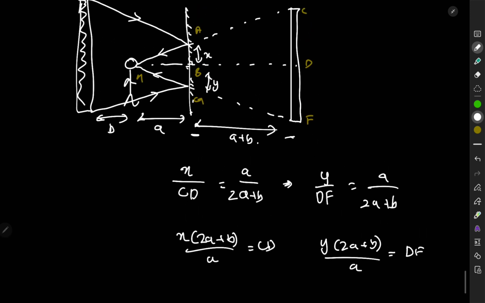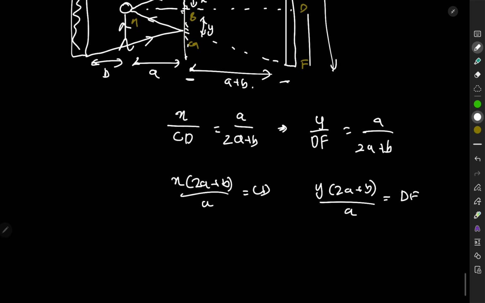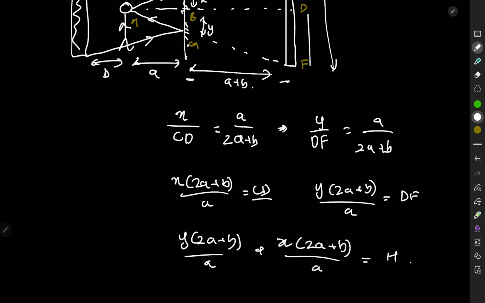CD plus DF is the length of the wall. Fine. So just add both. X into 2A plus B by A plus Y into 2A plus B by A is equal to H. Fine.